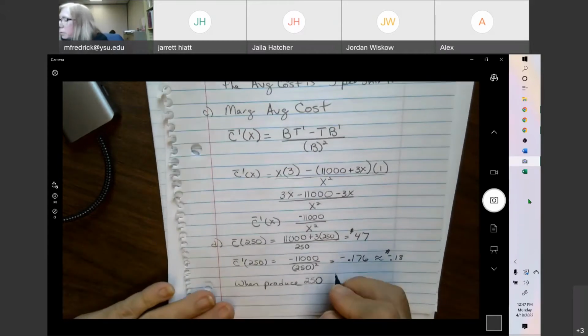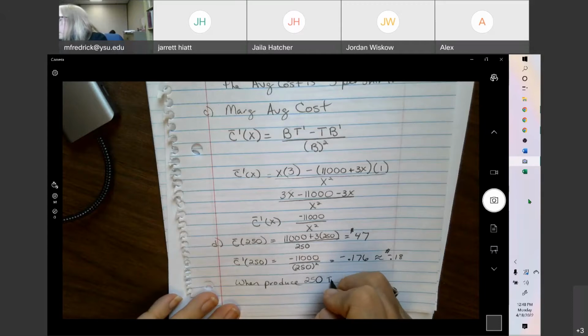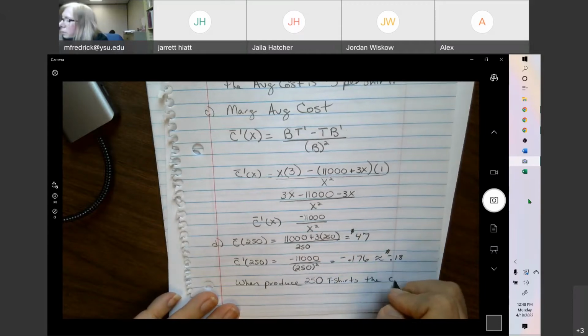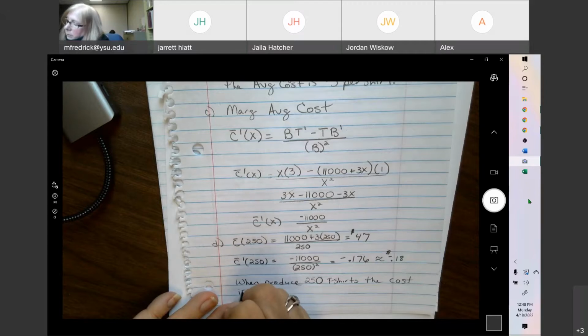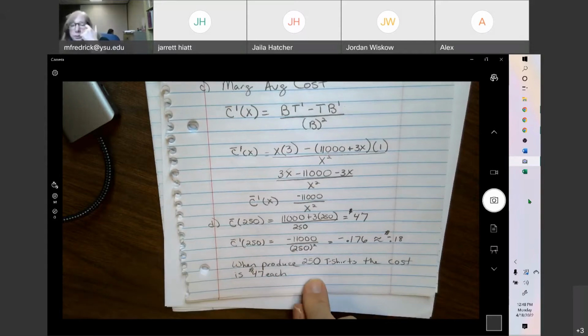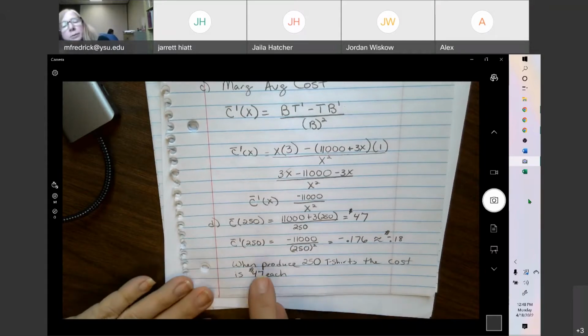T-shirts. So it's giving you the cost per shirt. If we're producing 250 of them, it's going to cost $47 each.